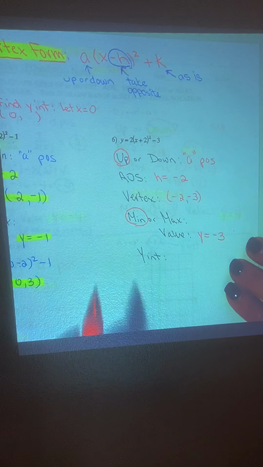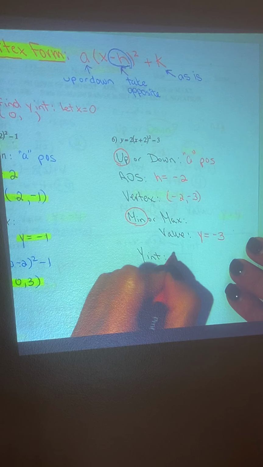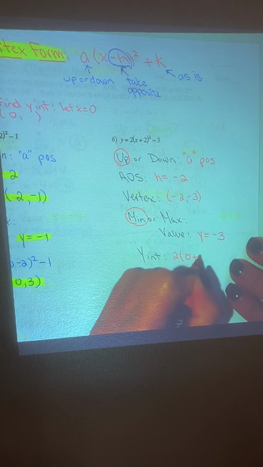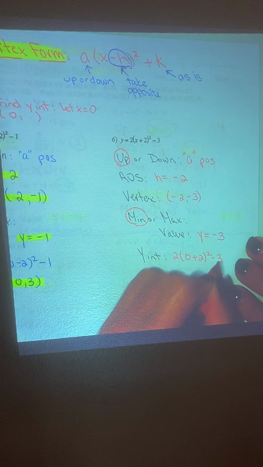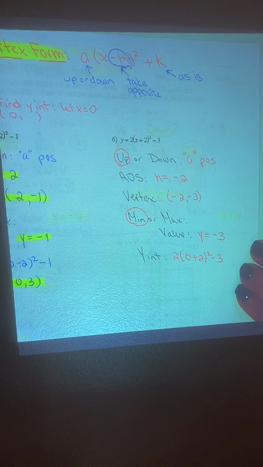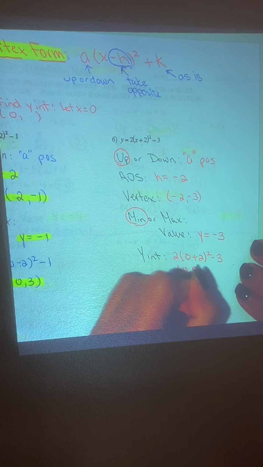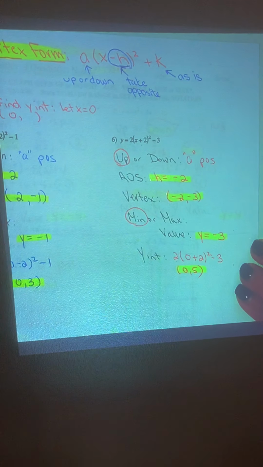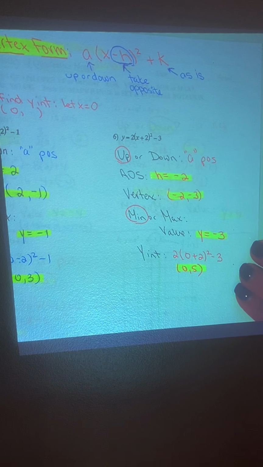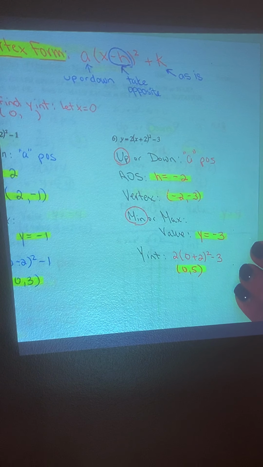And for the y-intercept, let x be 0. 0 plus 2 is 2, squared is 4, times 2 is 8, minus 3 is 5. Here we go. Next, last two problems.